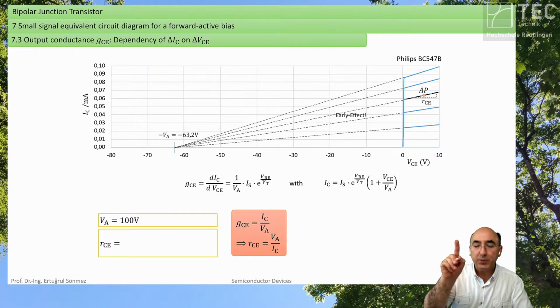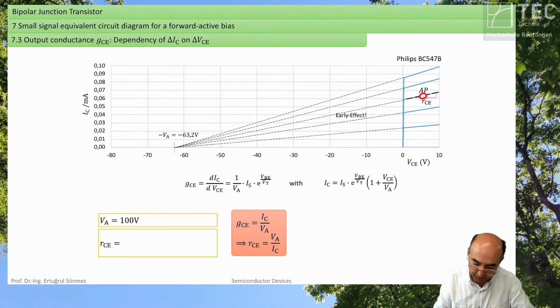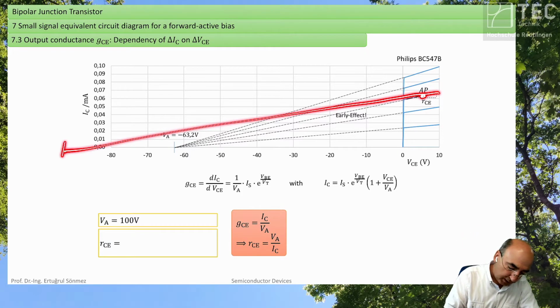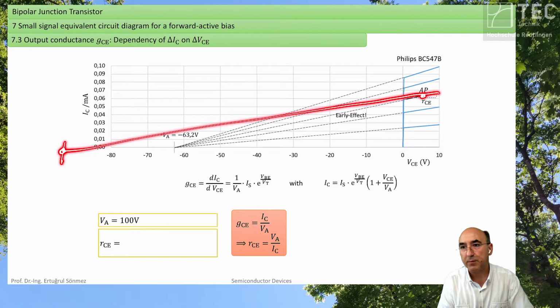So if you need a certain bias point, and if you need a certain slope, then you have to choose a different transistor or a different technology. Or you have to do circuit design.